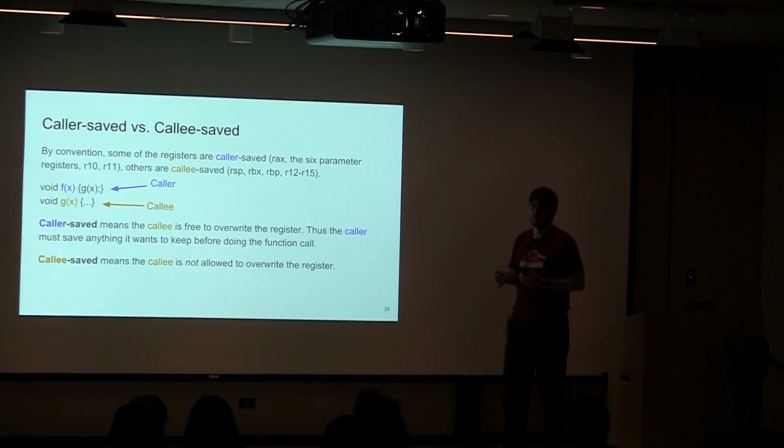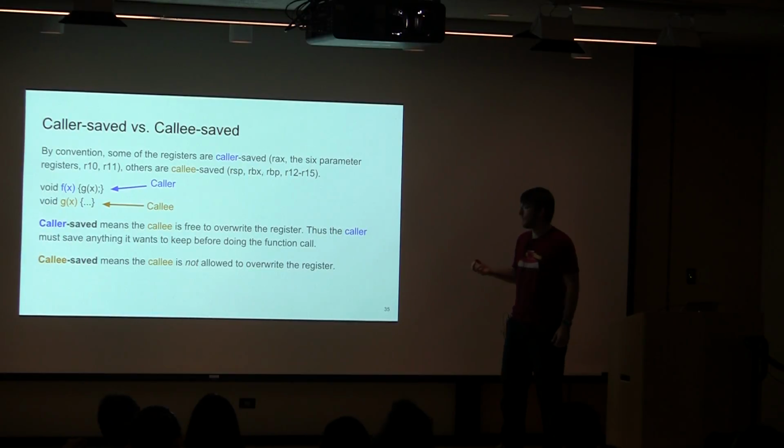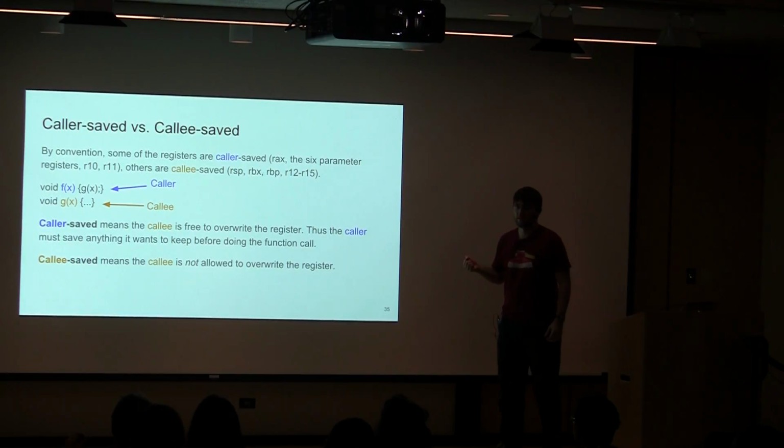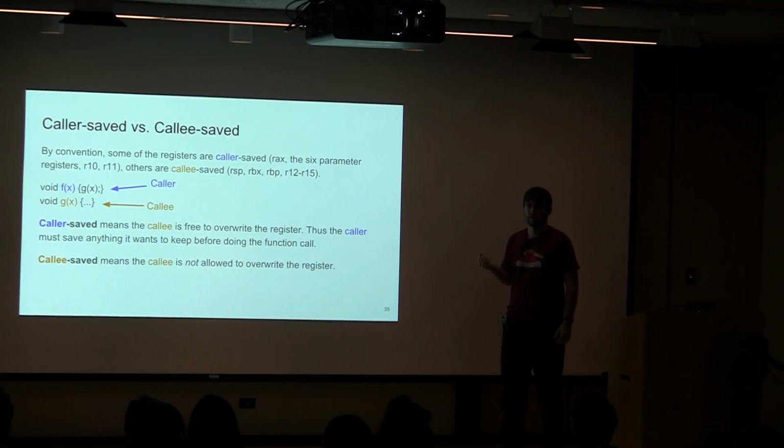So the call-e, g, can use that register for whatever it wants. If f cares about what's in that register, then f has to save it before it calls g. In contrast, a call-e saved register means it's g's responsibility to save its value. So if g wants to use that register, then g has to save it and then restore it before it returns.